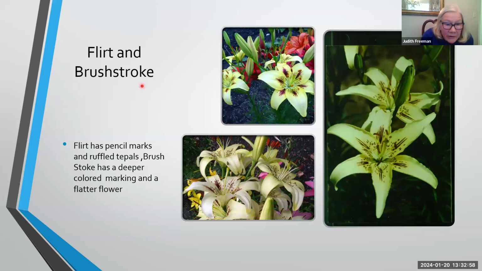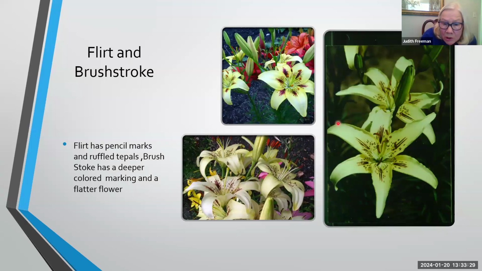Now, here we've got some of Judith's Flirt and Brushstroke. You can look at these and guess that they are sister seedlings that came out of the same cross, and you'll see more subtle differences in how this brush gene is expressed. In the one on the right, Flirt, you've got what Ruth Class called pencil marks or mascara marks, and that always has a frilly edge. So I thought, that sounds like a flirtatious girl with her mascara and eyelashes.